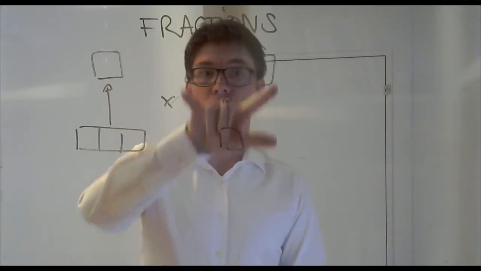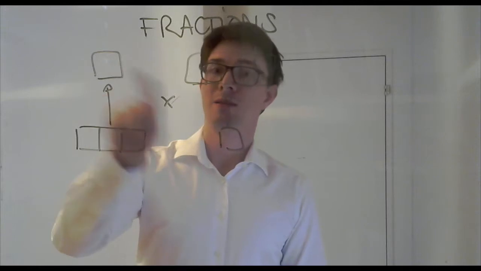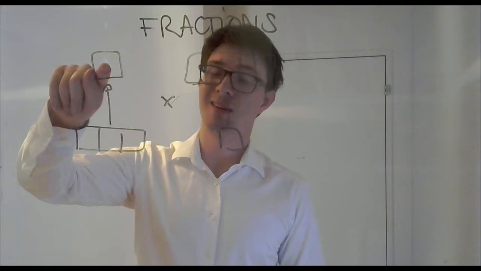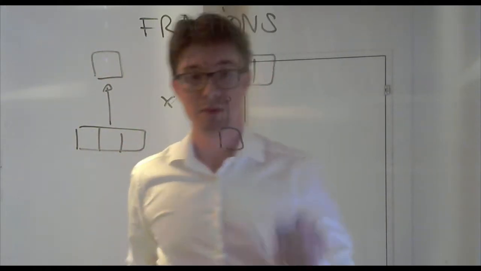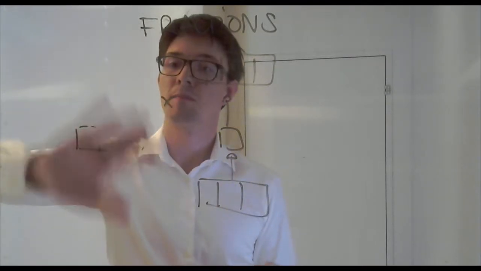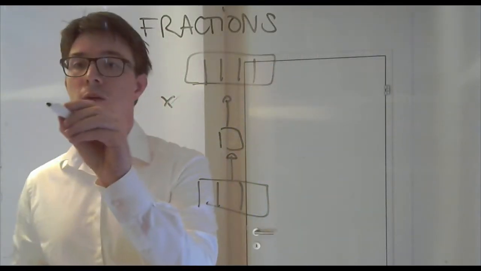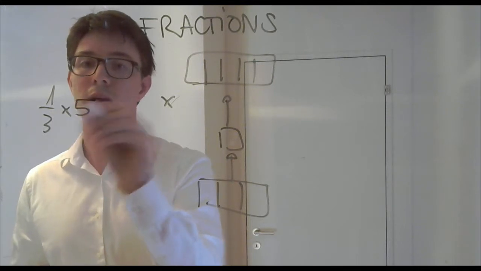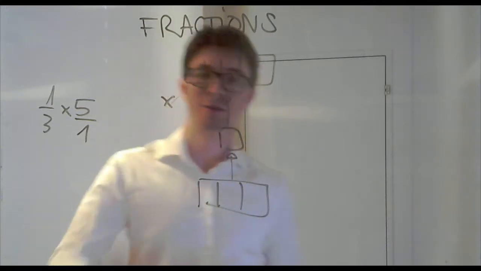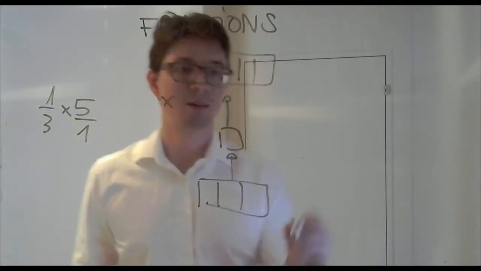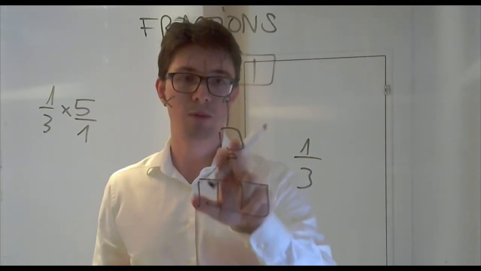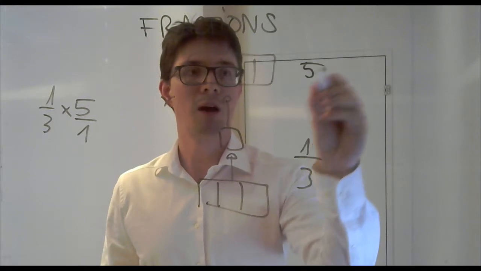We could also argue the other way around, but it seems to be more fitting to use this version here, to say we have a single copy as output here. Let's put it back in here. So we actually have this here. So we are looking for 1/3 times 5, or 5 over 1 if you really want to see what is happening here. This is 1/3, 3 copies of something and we retain a single copy, and then we make 5 copies of that.